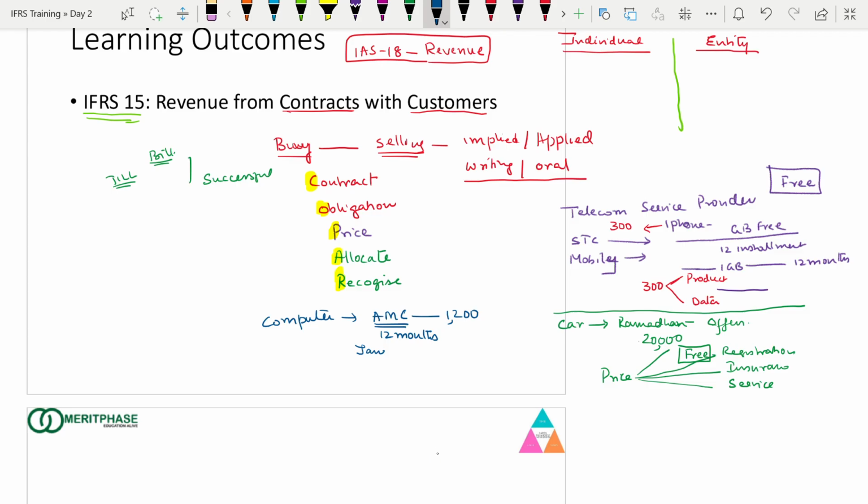People who are young, people who are new in the business, think about this. It makes quite a real difference. We cannot say that in January we will show a revenue of 1,200 and in other months show no revenue. If that is the case, either we will understate the profits or overstate the profits. In January we will overstate the profits, and in the other months we will be understating the profits.